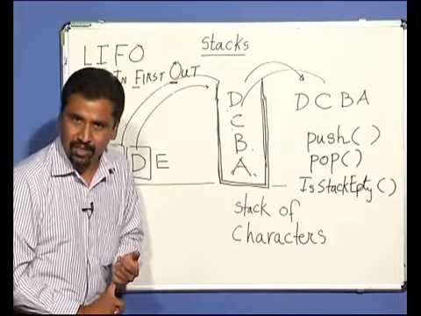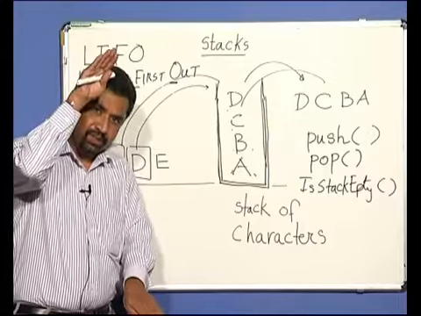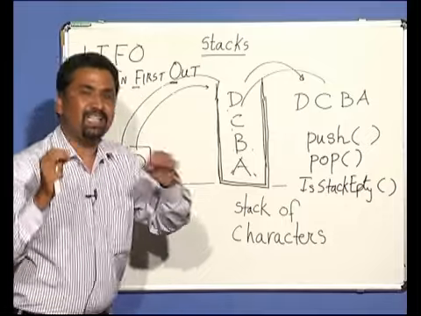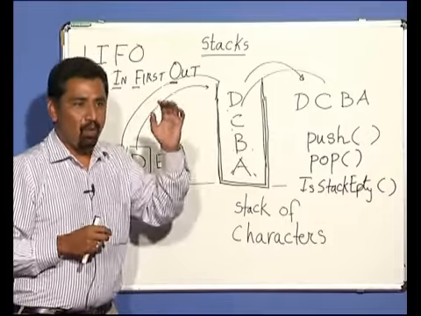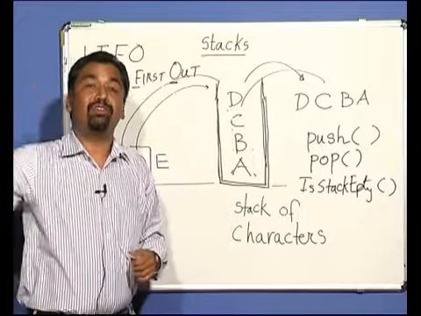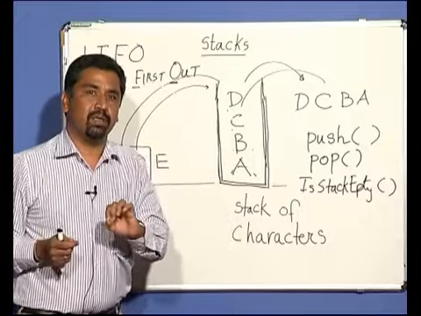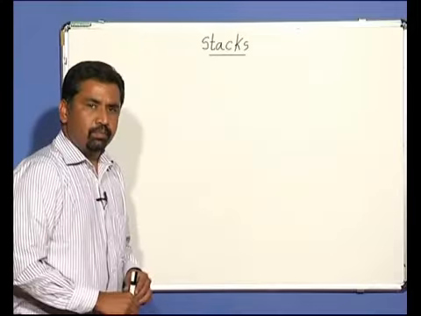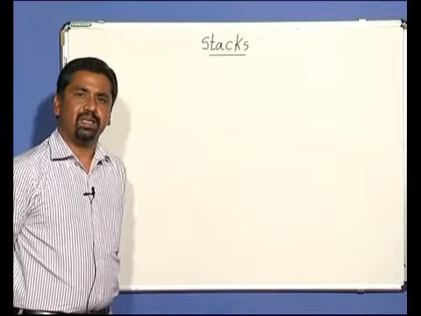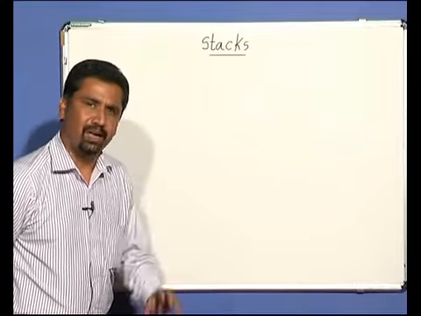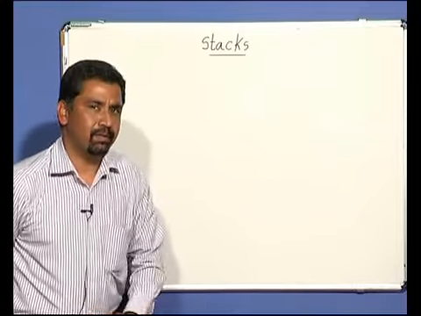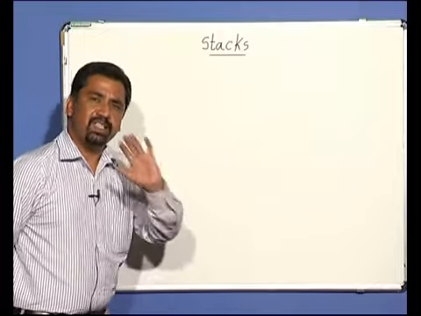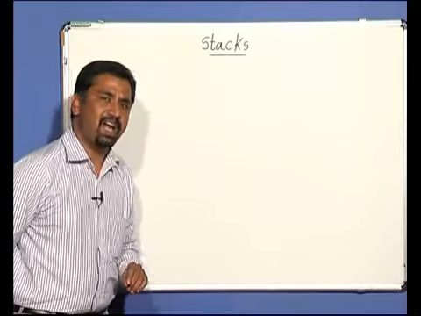So, the LIFO nature is the most important characteristic of a stack. We have to some extent understood the basic nature of a stack, how it is defined abstractly. That is why sometimes it is also known as an abstract type, because we just define how a stack should behave.